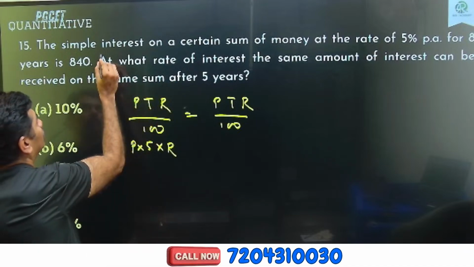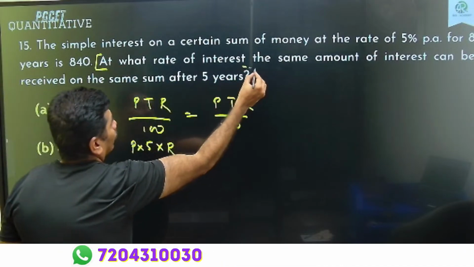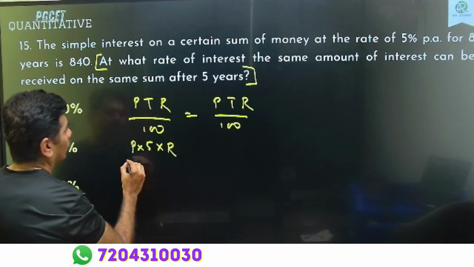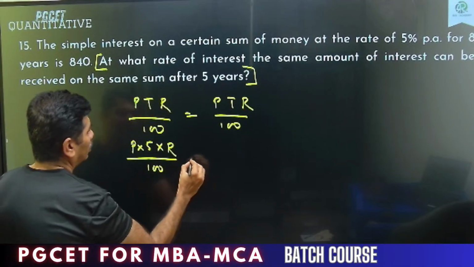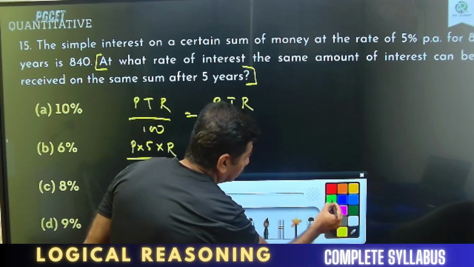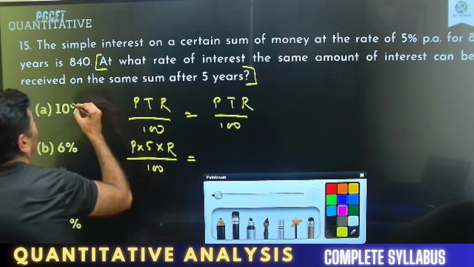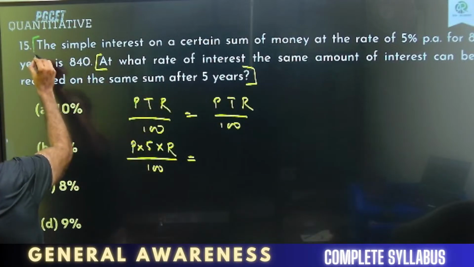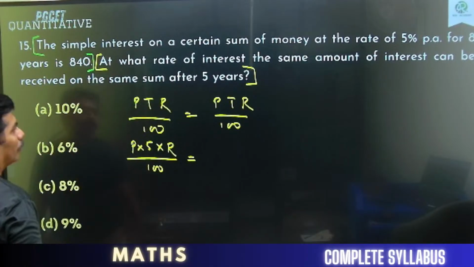So I am taking this part, divided by 100 equals. Now what I'll do is change the color for this part.